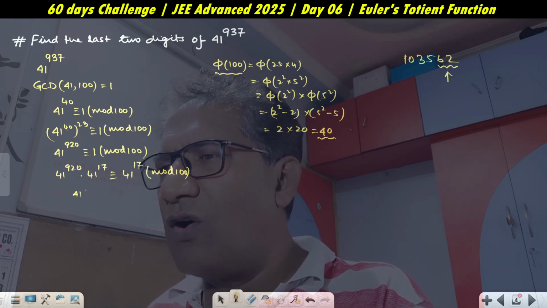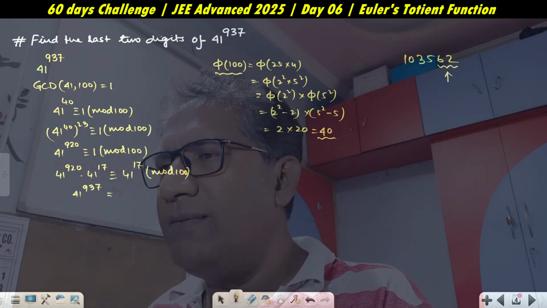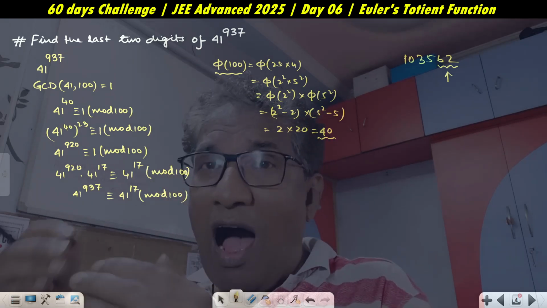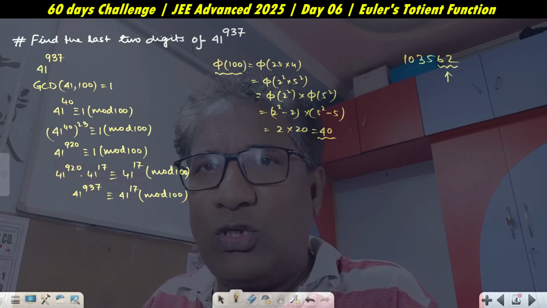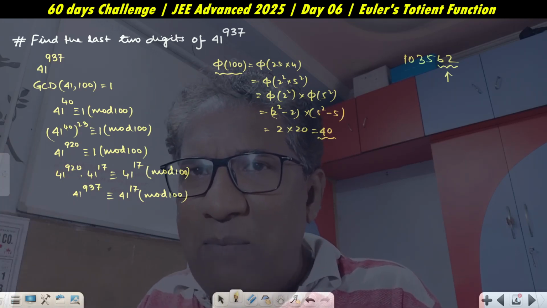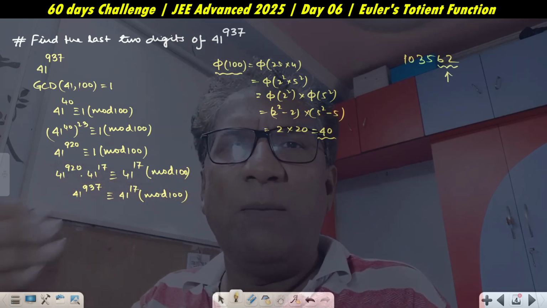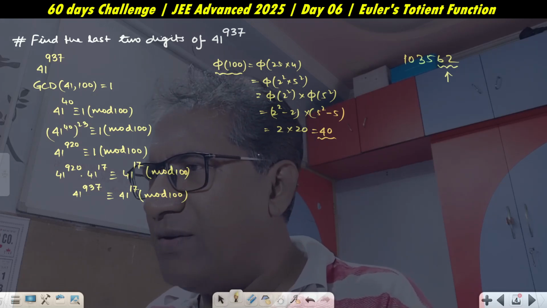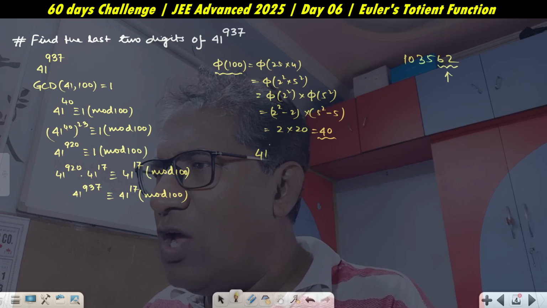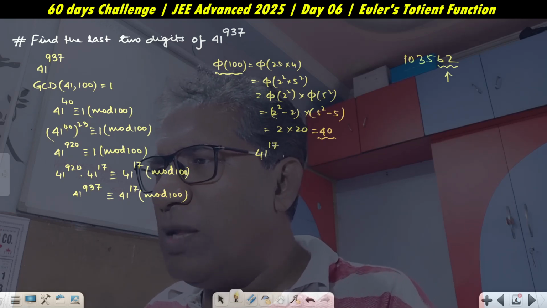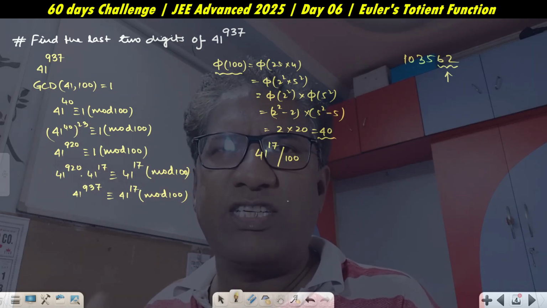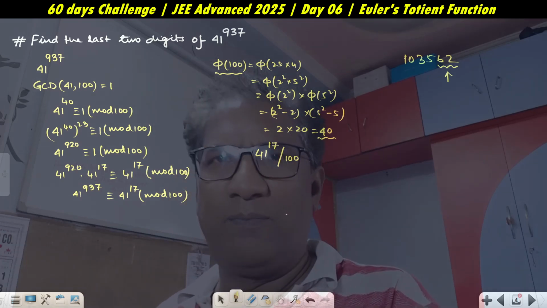And this gives us 41 to the power 937 is congruent to 41 to the power 17 modulo 100. So our question has been boiled down to what is the remainder when 41 to the power 17 is divided by 100. That's it. Our problem has been reduced to this form.